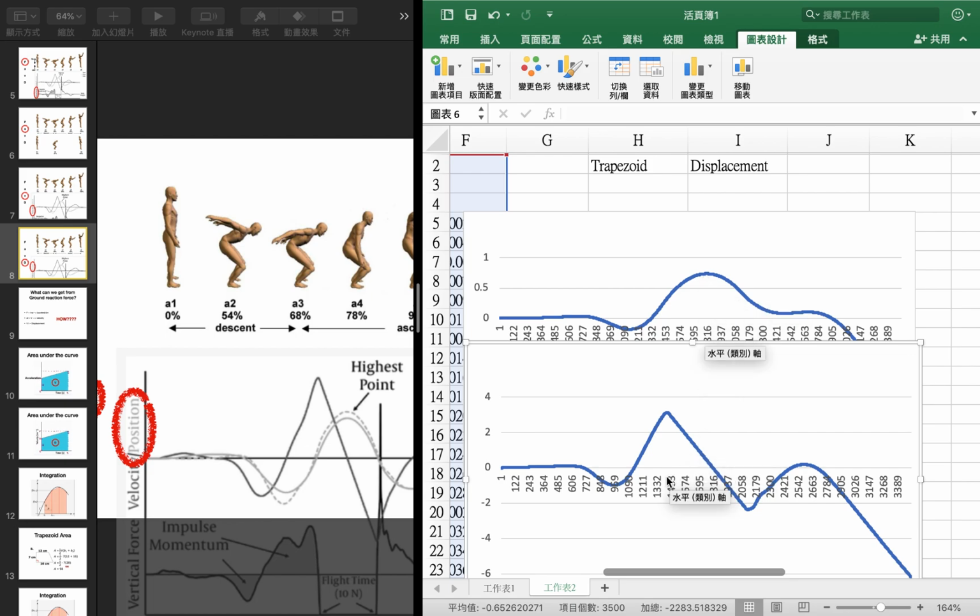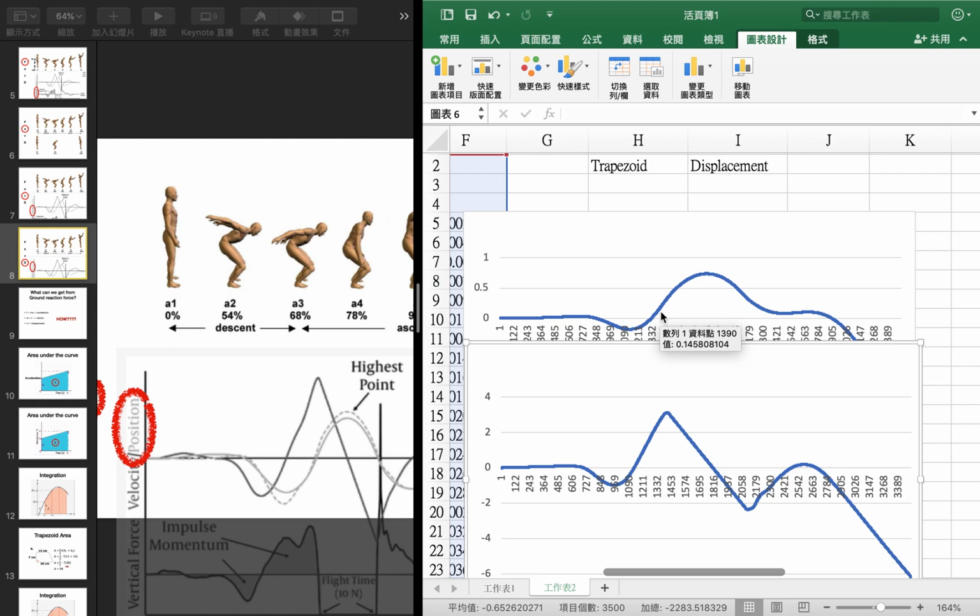So you can see when velocity goes to 0, that correlates with the lowest point of your displacement, because the velocity is transitioning from negative to positive. That's why it's 0 here. And then when you get the highest velocity, that's your takeoff.